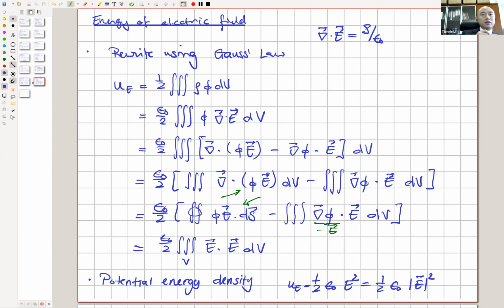And so the terms, phi or E, we don't even need to specify. Even if one of them vanishes at infinity, then the surface integral vanishes. So basically I can push the consideration of the surface all the way out to infinity.